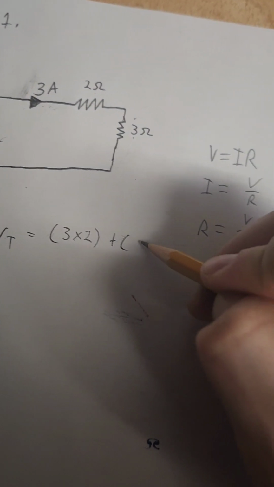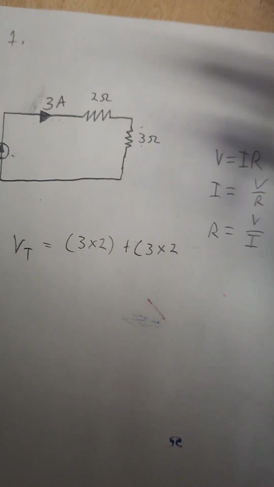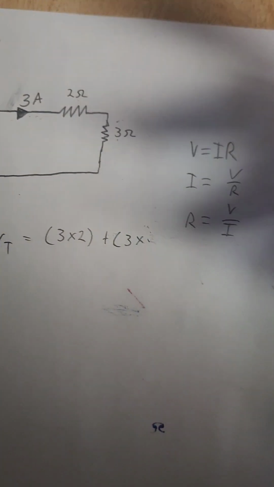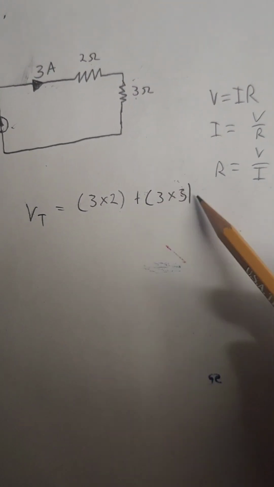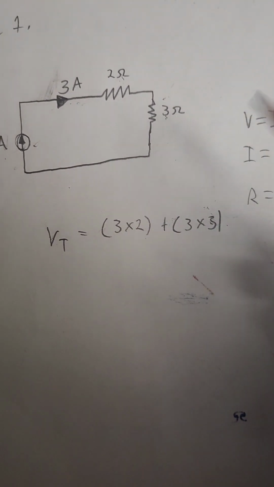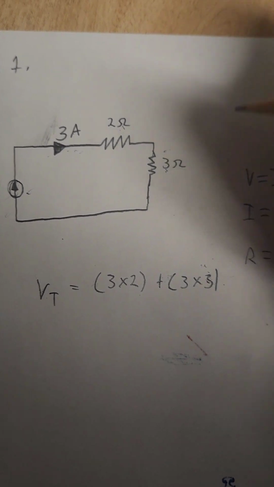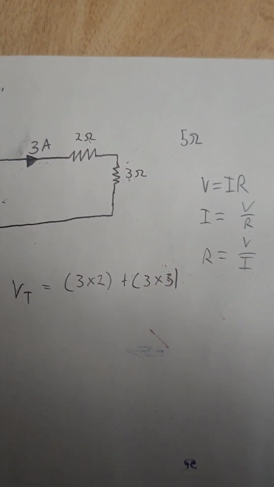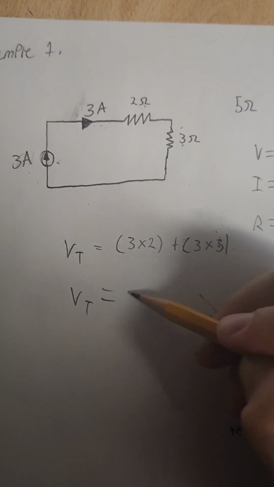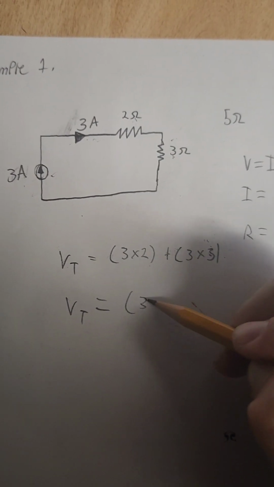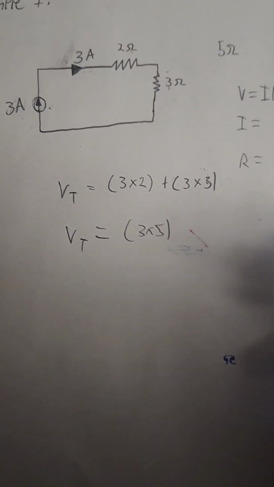So then we'd have 3 times 2, plus 3 times 3. So we'd have 2 different voltage drops because there's 2 different resistors. However, this is the same thing as saying they're together as a 5 ohm resistor. So let's compare this. Let's just say that it's 3 times 5 now, just to make this a little more understandable.